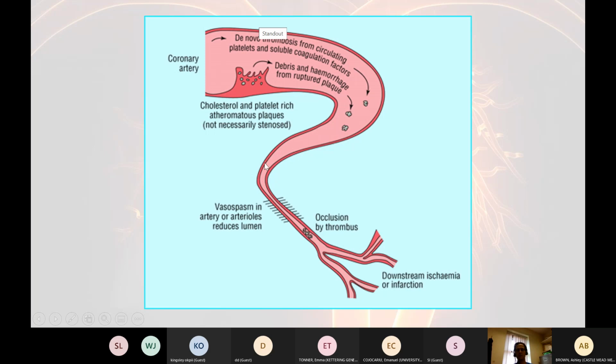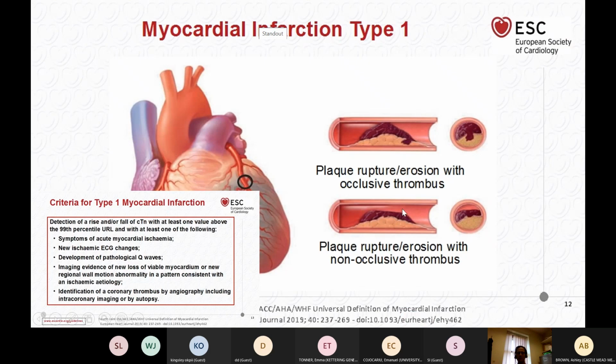The further down you go, the greater the absolute cross-sectional area of the vessels, but the smaller they are, and these bits that break off and go down will cause blockages further down, sufficient to cause some sort of troponin release. It really is a very, very sensitive marker indeed these days. So even if you have a non-occlusive thrombus, you are still expected to cause a little bit of downstream effect and either cause angina because of this extent of the narrowing, or little bits of infarct further down.